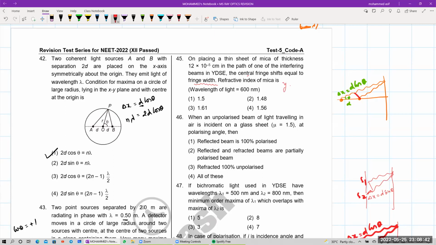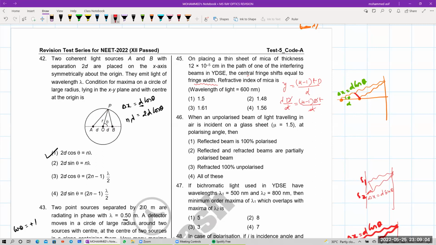So y is equal to your mu minus 1 into your capital T into capital D divided by your small d. Shifts by how much for me? Y maxima, that is, how much will it be for maxima? Lambda into capital D divided by small d is equal to your mu minus 1 into capital D into your t divided by small d. This one will get cancelled.